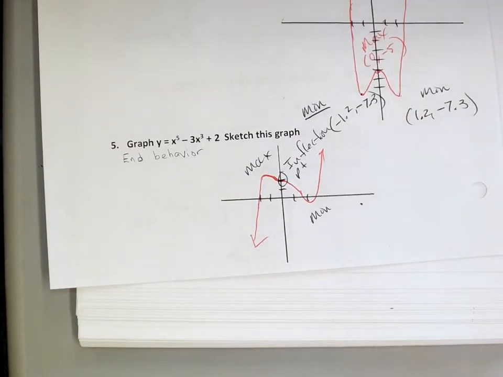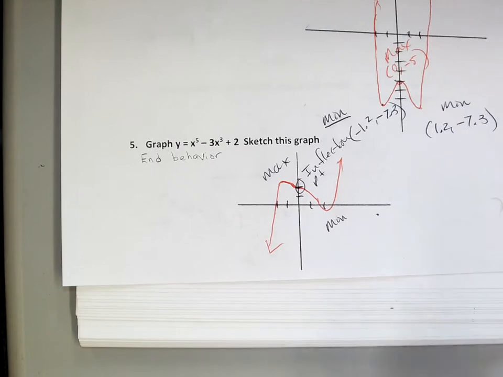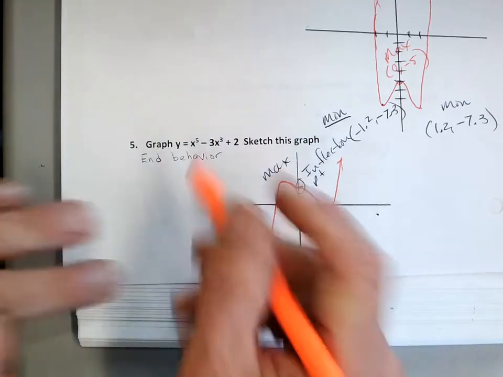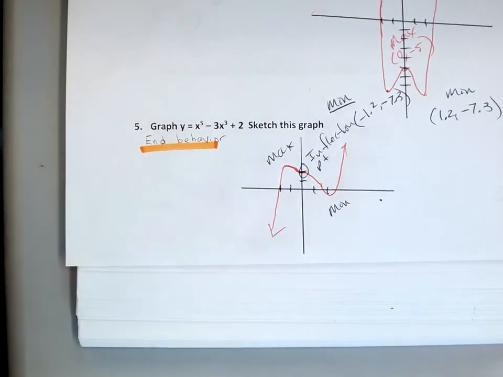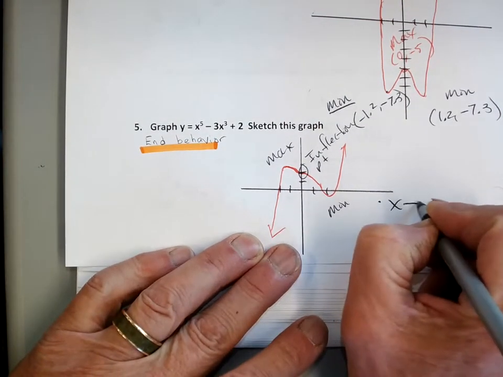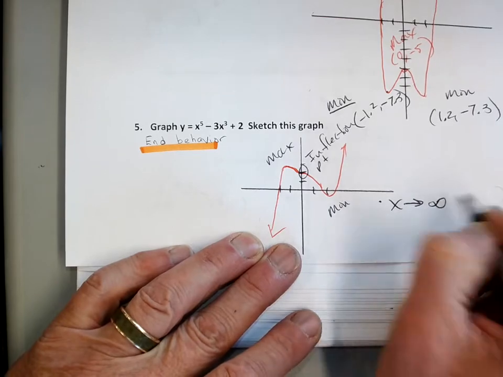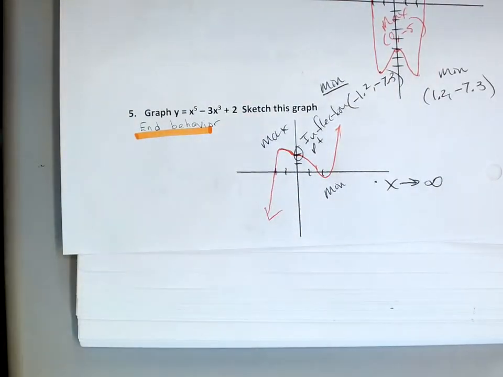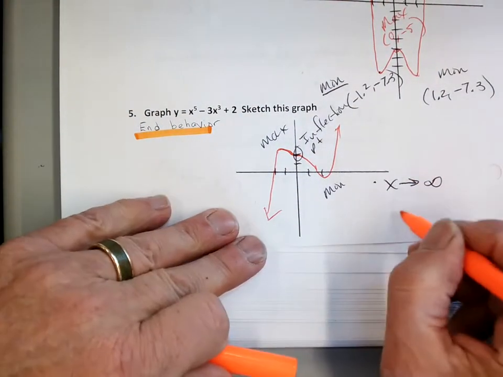Now, but that wasn't what I was asking. I want to talk about end behavior, okay? That's the last thing I want to talk about, and then we'll look at your journal. End behaviors talk about what happens in the end, as x heads to infinity.